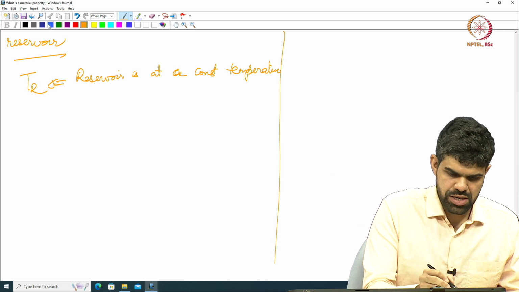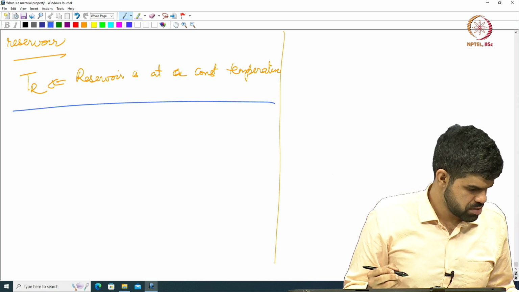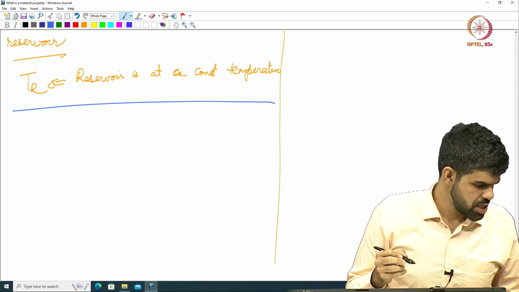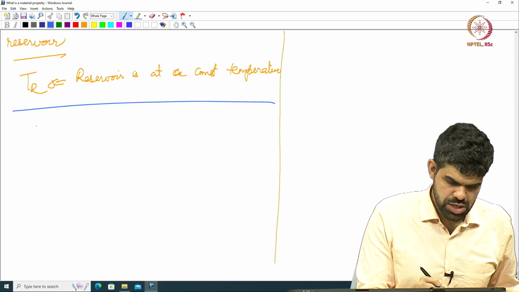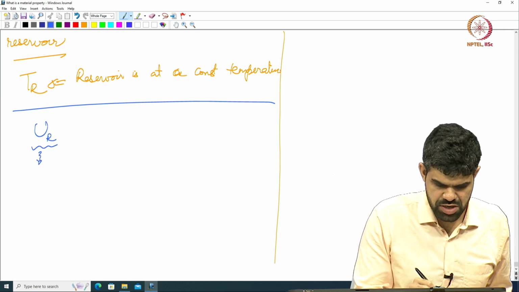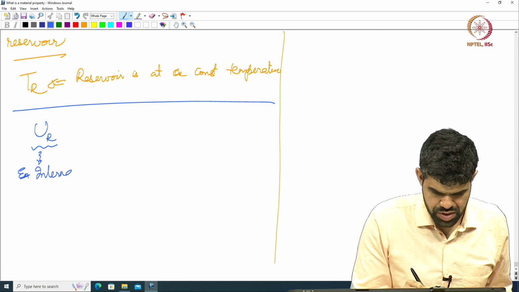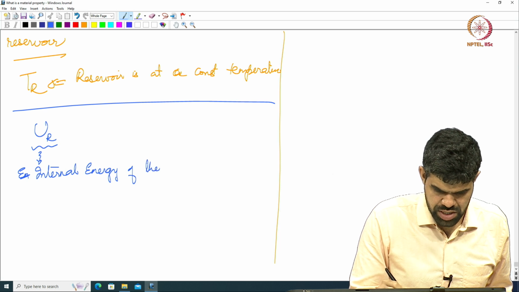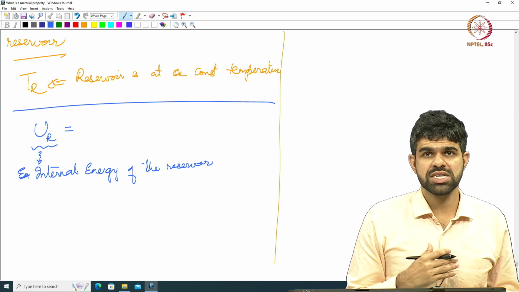All right. So let us change it to a darker color so that people do not have trouble seeing the notes. Okay, so then I am going to define that UR is the internal energy of the reservoir. The energy can exchange between system and surrounding.